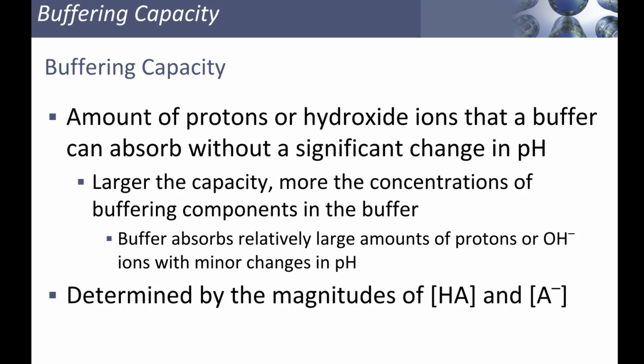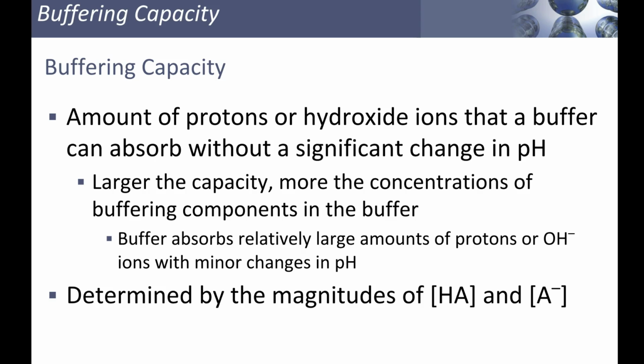So, buffers are dependent on what they can absorb and what they can release, right? If you have a buffered solution and you add a whole bucket of strong acid, no matter how good the buffer is, it's going to shift a lot more than you wanted it to. So the amount of protons or hydroxide ions that a buffer can absorb without a significant change in pH is the buffer capacity; the larger the concentration, the larger the capacity.